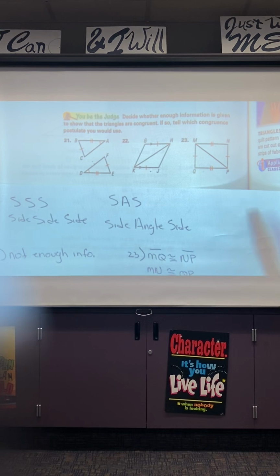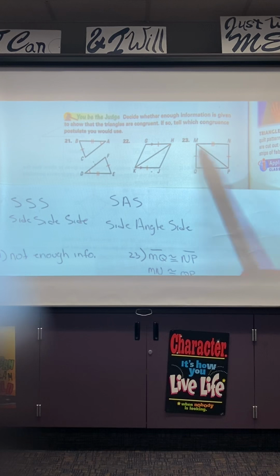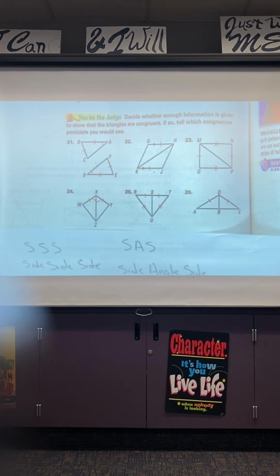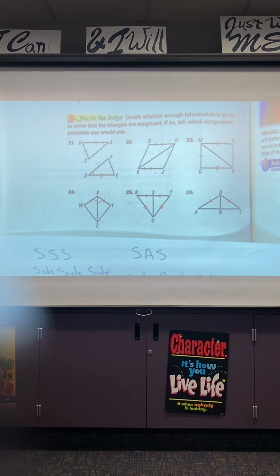Okay, that's the postulate that we use, knowing that all 3 sides of the 2 triangles are congruent. And we can say right here, MQ congruent to NP, MN congruent to QP, and MP congruent to MP, because this segment is part of the 2 triangles. Therefore, it is congruent.